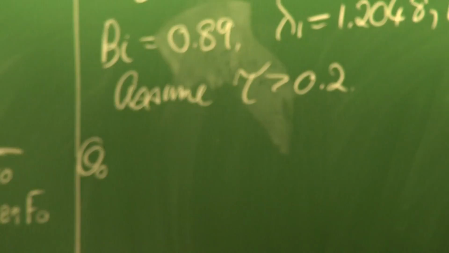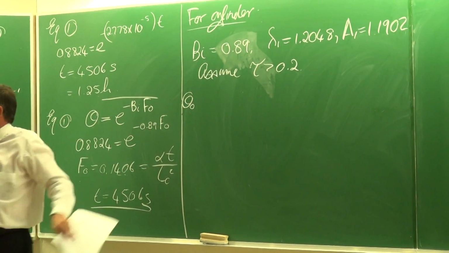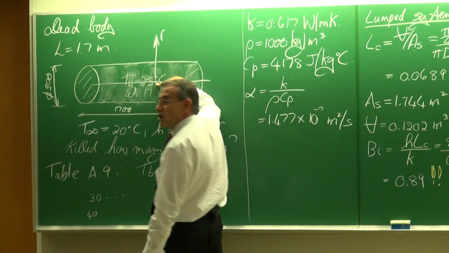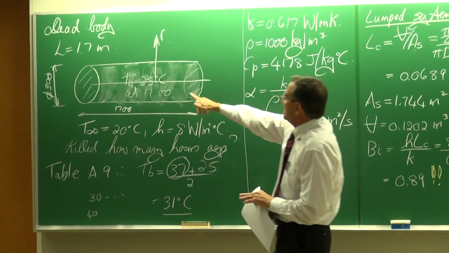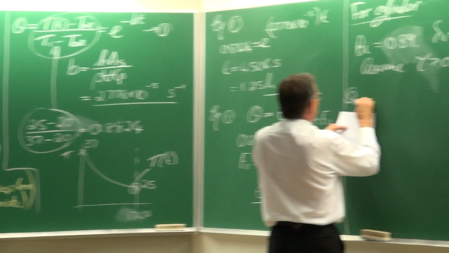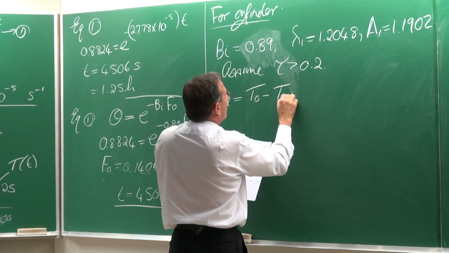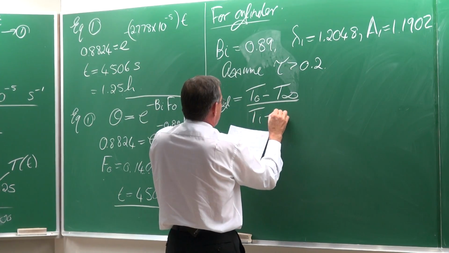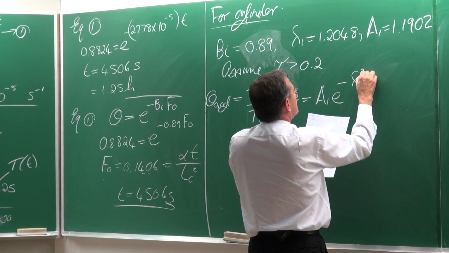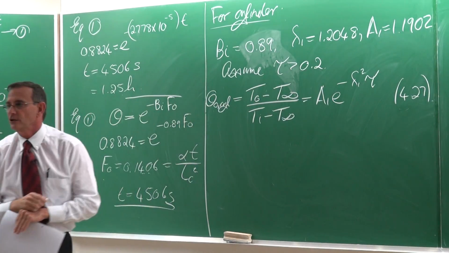So assume it is larger than 0.2. And if that is the case, then the non-dimensionalized temperature at the center, where r is equal to 0 in the center of the body, where that temperature was measured, 25 degrees, for the cylinder is equal to T0 minus T infinity over Ti minus T infinity, which is then equal to A1 e to the minus lambda 1 squared multiplied by tau, and that is equation 4.27 in your textbook.